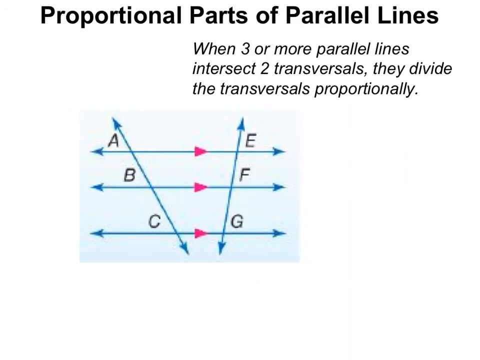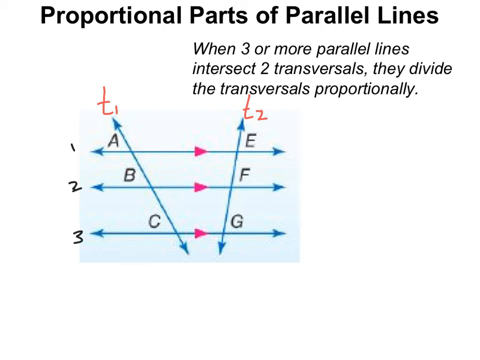We can also look at proportional parts when we just have parallel lines and transversals. When 3 or more parallel lines intersect transversals, they divide the transversals proportionally. So we have this first transversal, transversal 1, which goes from A through B to C, and transversal 2, which is E through F to G. And those parallel lines, so let's see how many we have. 1, 2, and 3.